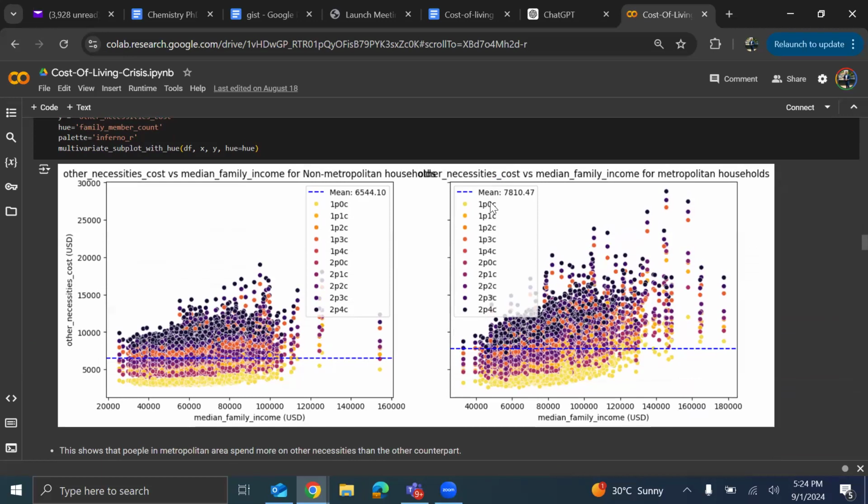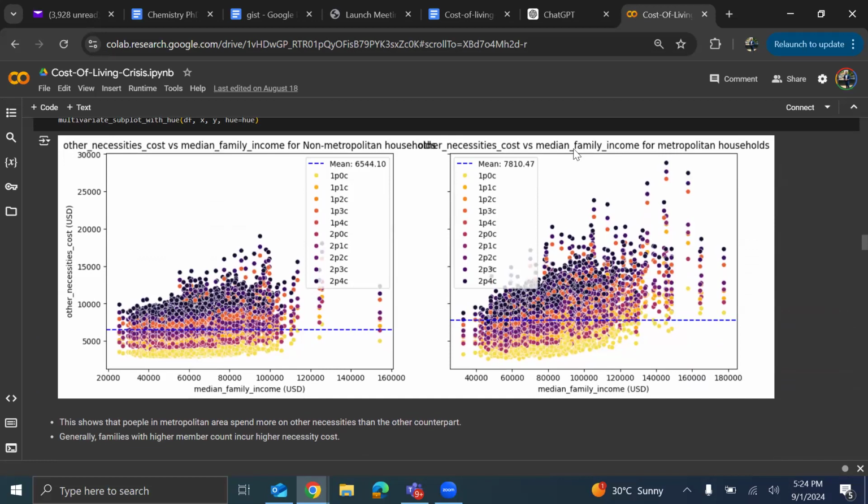People in metropolitan households tend to incur higher other necessity costs, I think they call it utility cost, or those costs I don't plan for but which are necessary for your well-being. If you are staying in metropolitan areas, you tend to incur higher costs, and you can see there's a higher spread here.